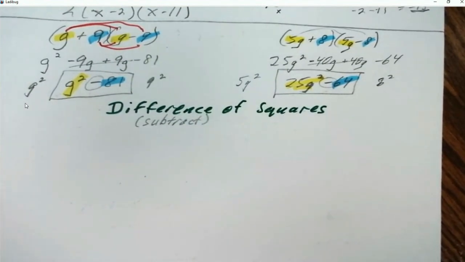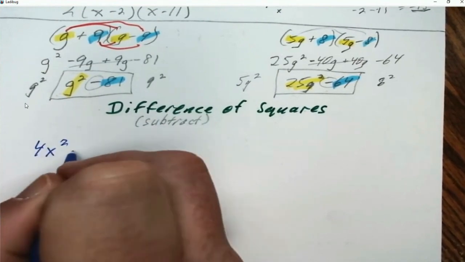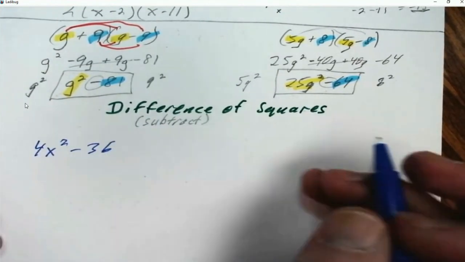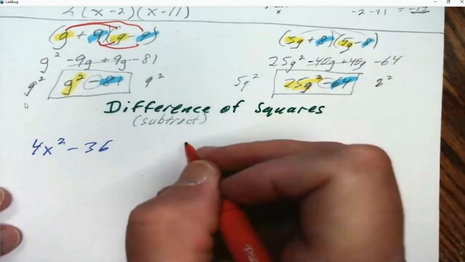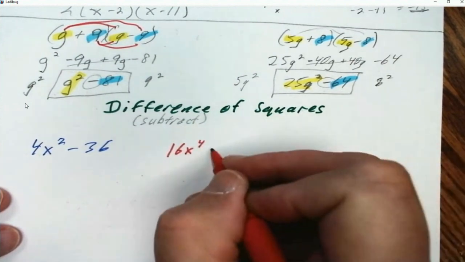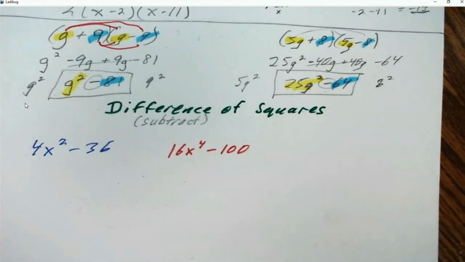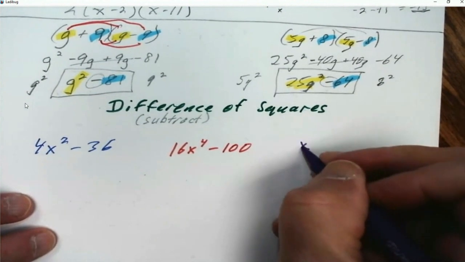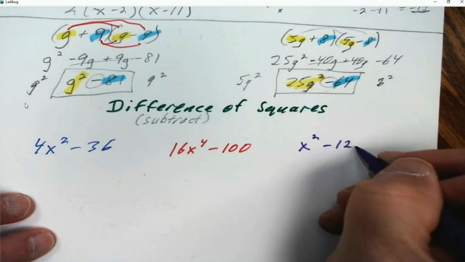Let me just write some problems down here. 4x squared minus 36. Let's do another one. 16x to the fourth minus 100. Let's do x squared minus 121.